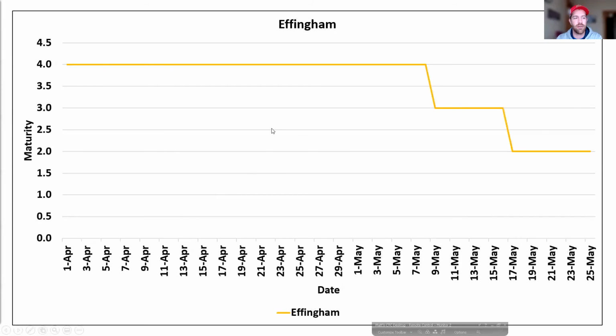Go further south into Effingham, Illinois, Interstate 70 area. Now we've got a larger window for those group 4s, our group 3s. We could still plant them up till mid-May and get those early flowers, and then our group 2s after that.